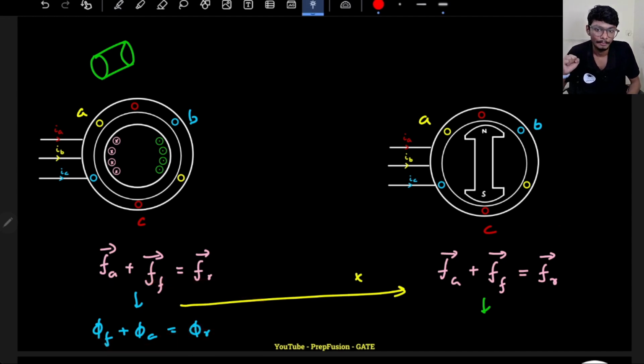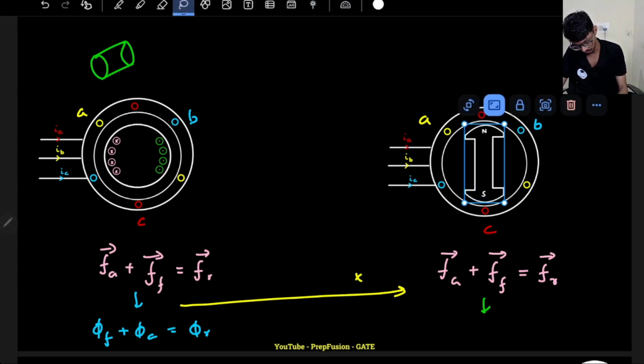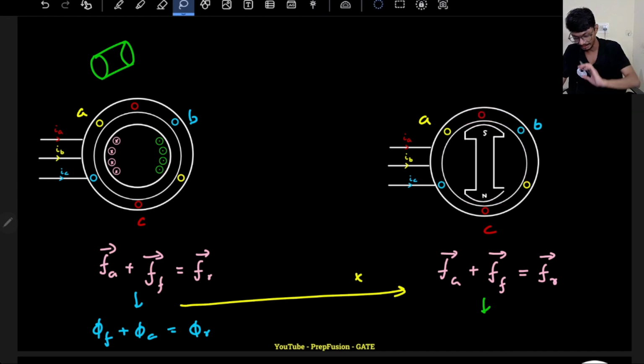Why? Simply because your flux will face two paths. Let's say here current is incoming, here current is outgoing. If I curl my fingers, the magnetic field is going from up to down.